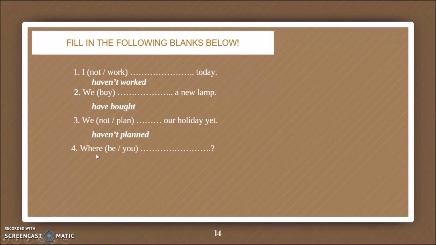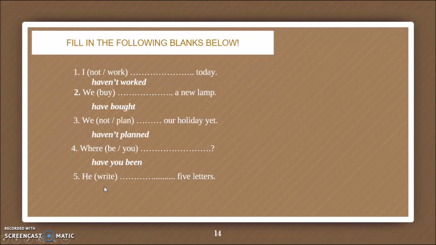Number 4. Where be you? So we have to change be to the past participle, and we have to use auxiliary verb based on the subject you. So the answer is, where have you been? The fifth question is, he write 5 letters.